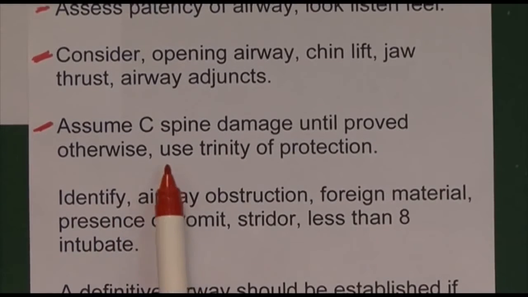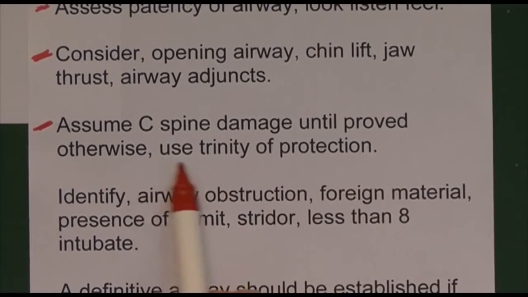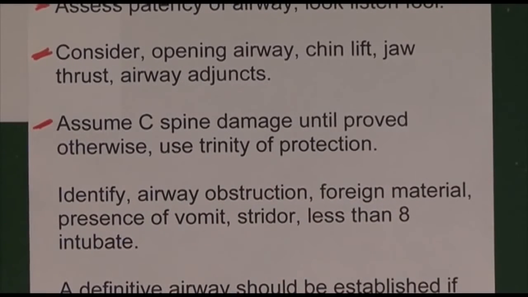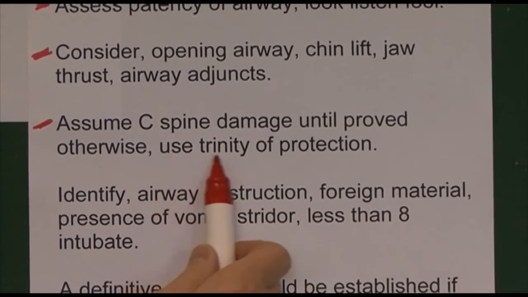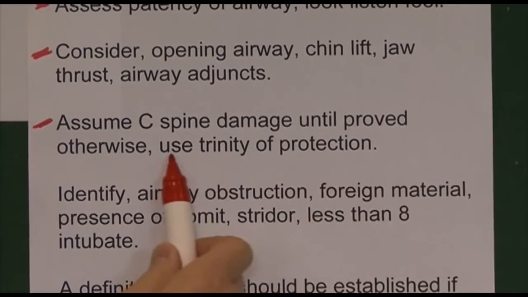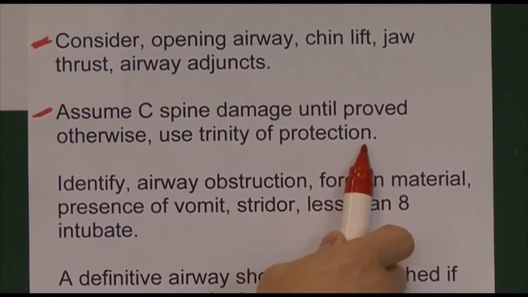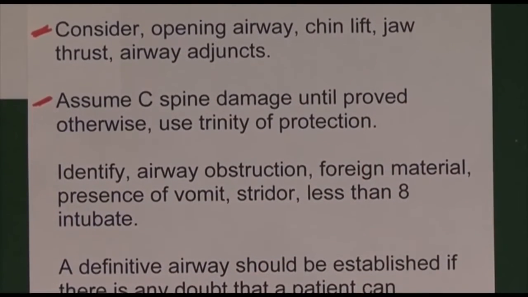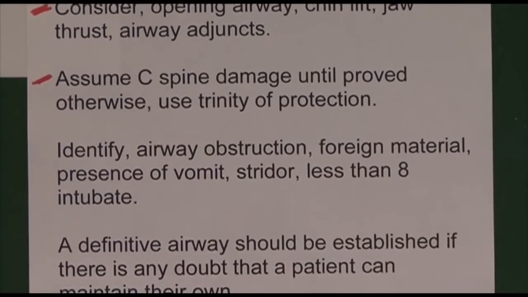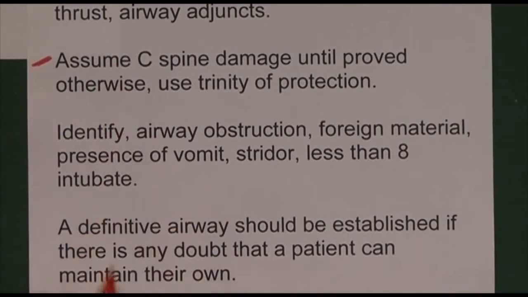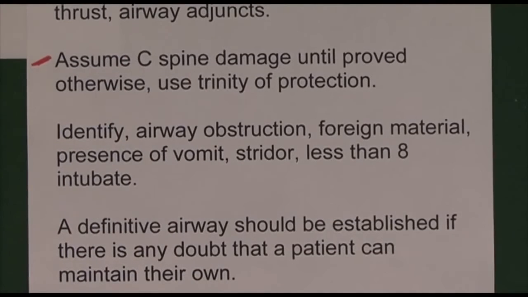And we use the trinity of protection. This is the hard collar around about the neck, the sandbags on the side of the head, and also taping the forehead down onto the trolley. The three components of C-spine protection, the aim being to immobilise the head relative to the rest of the body.